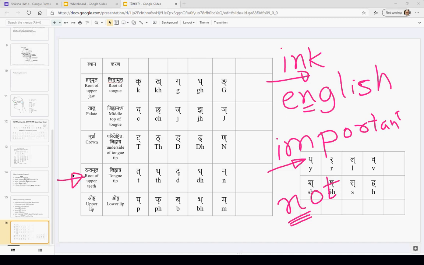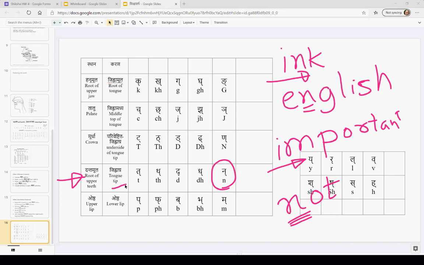The N is falling right here. Dantamula, root of upper teeth, is the position where contact is made with the tongue tip when we pronounce N. Not, just above the root of the upper teeth.